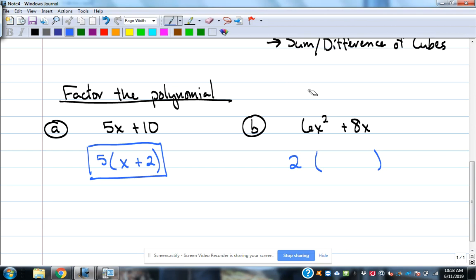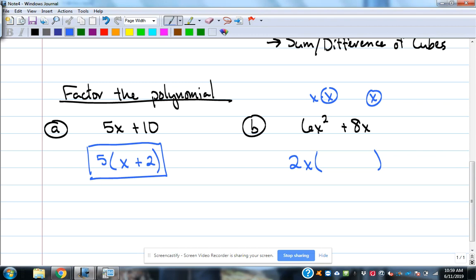So we look for the least that they have in common. Well, the x squared is x times x, right? And this is just plain x. They only have 1 in common, right? So the greatest common factor for x squared and x is just going to be x, okay?